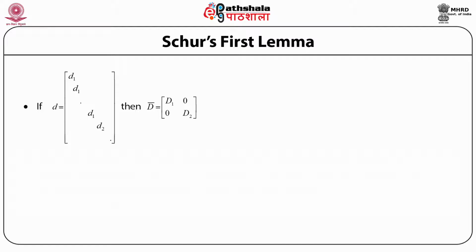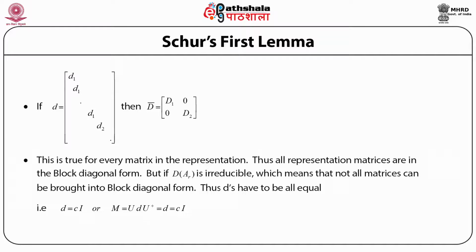But if D(A_R) is irreducible, which means that not all matrices can be brought into the block diagonal form, then all the D's have to be equal, which means that the diagonal matrix D is nothing but a unit matrix, that is D is equal to C times the identity, which means that the matrix M is equal to U D U dagger, and a diagonal matrix with D being a unit matrix commutes with all matrices.